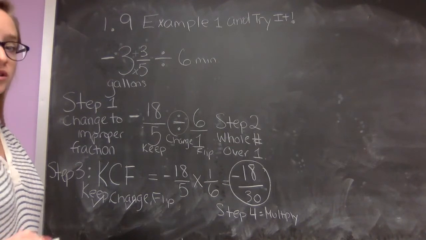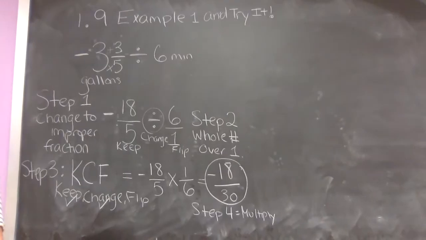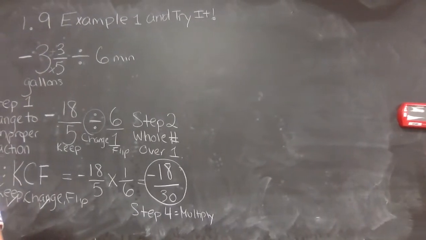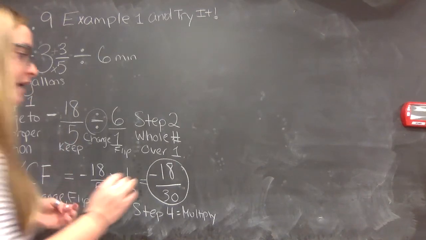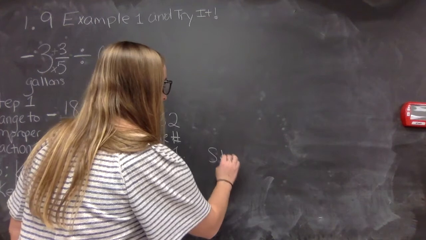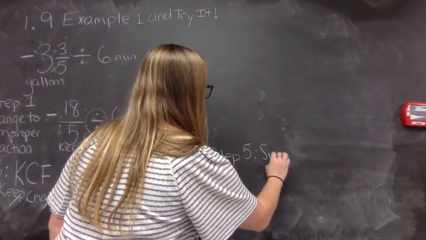Okay, now we're almost done, but I do want to slide over and just simplify this problem a little bit more, because Pearson often on its assignments is going to say simplify. So step 5, we have to simplify.